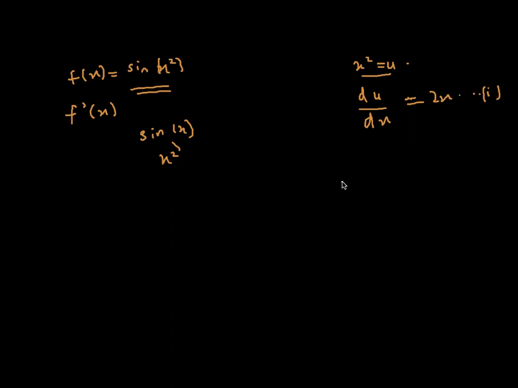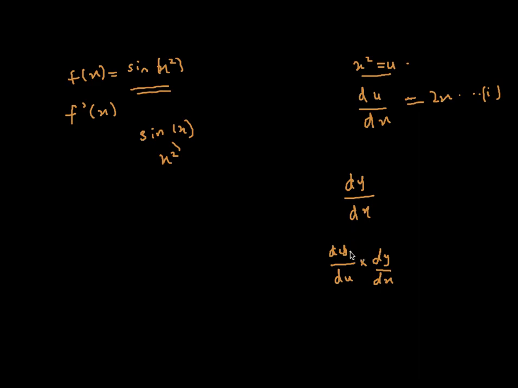So I have this, and instead of writing dy by dx, I have one more variable now, so I'll write dy by du into du by dx. This is not rocket science, this is a very familiar thing.